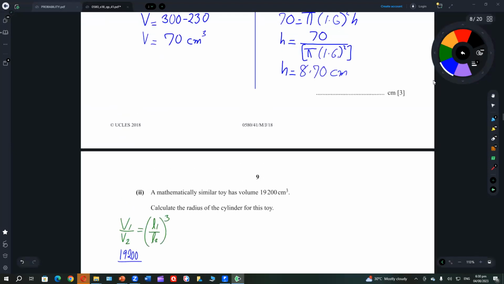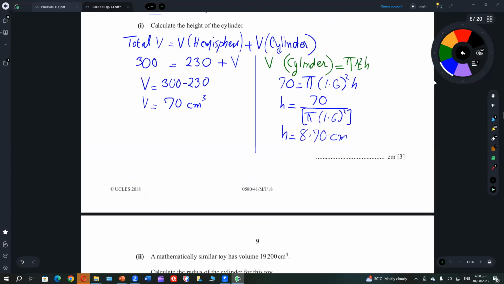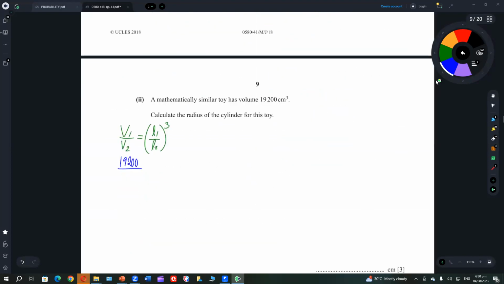V1 is 19,200 and the previous cylinder was 70. The new cylinder, the radius of the cylinder, is unknown.